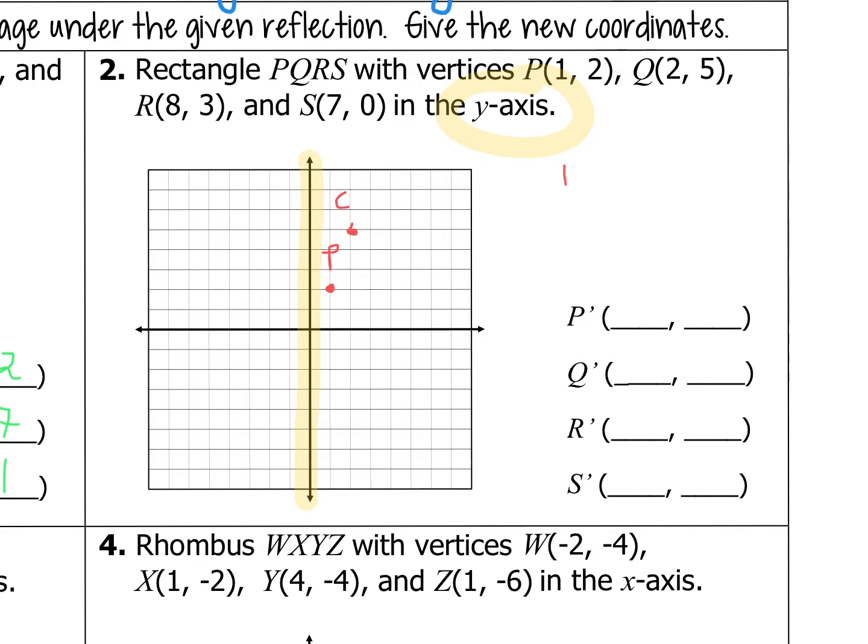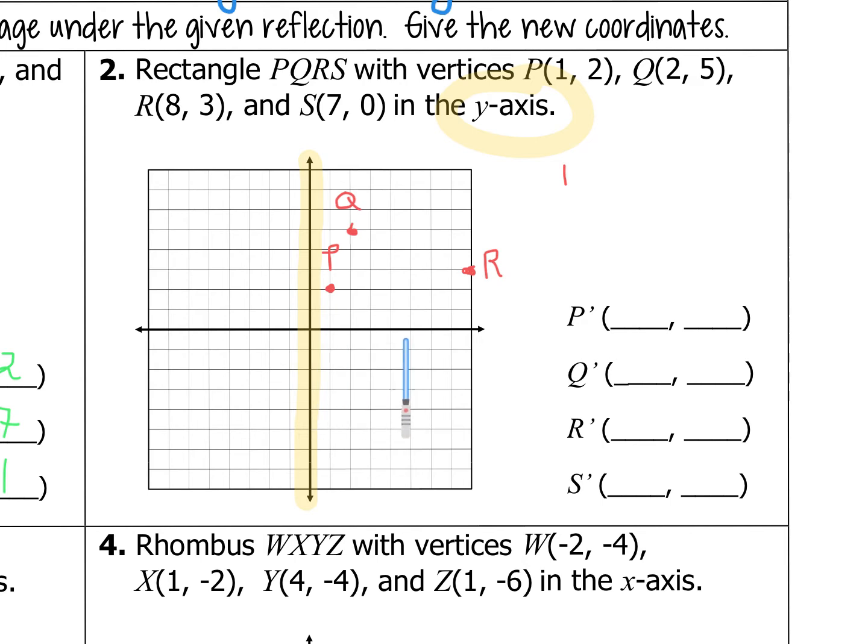And there's Q. And then for R, we're going to go right 8, up 3. So right 8 puts us there, and up 3 puts us right there. And then for S, you're going to go right 7, up 0.